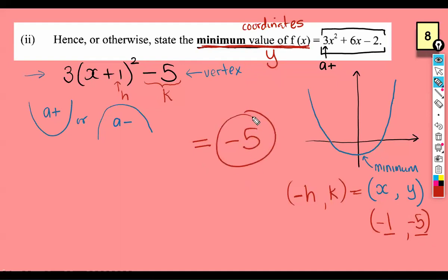Now I know what you're saying: if you put both answers for the examiner, it seems like you're doing him a favor and giving him more information. You will get it wrong, because by putting both answers, you didn't interpret the question correctly. So know the difference between a minimum value, which means the y coordinate only, and minimum coordinates, which means both x and y.